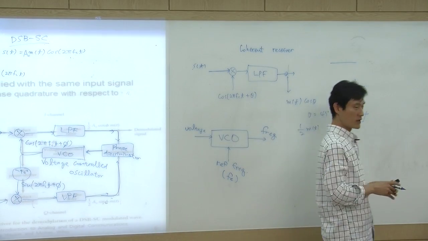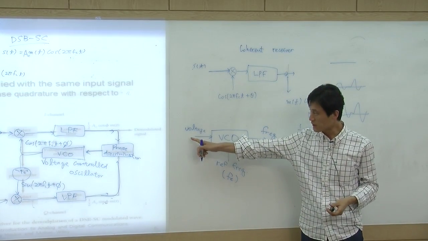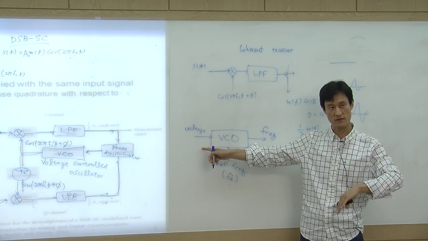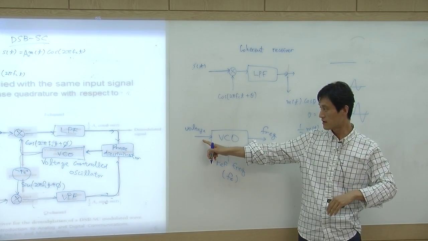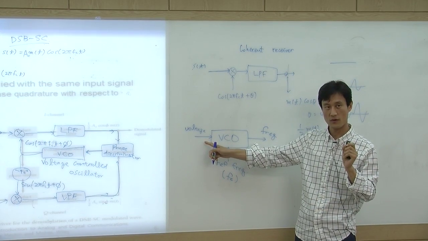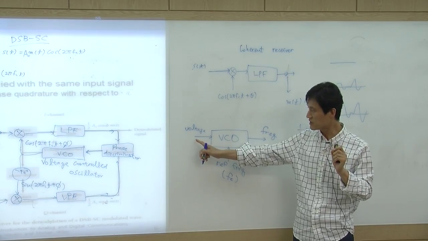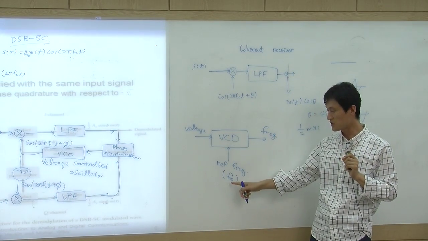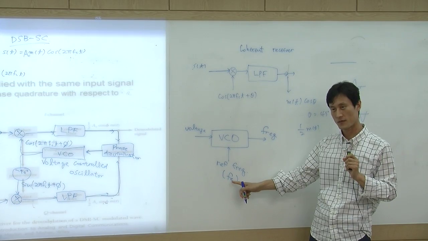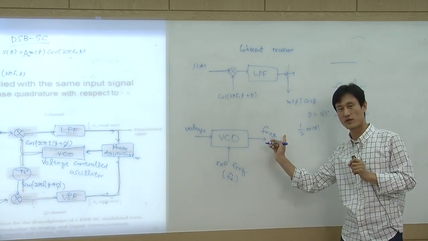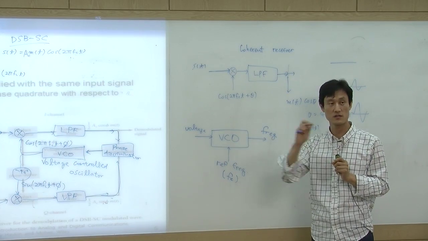How things work is that the input voltage can sometimes be positive or sometimes negative. If the input voltage is 0, then the output is the same as FC. So the reference frequency comes to the output if the input is 0.